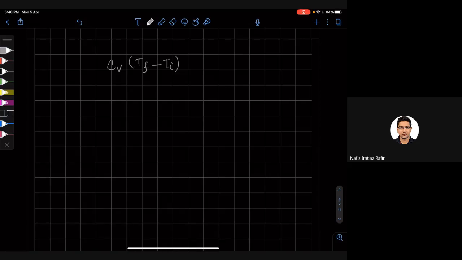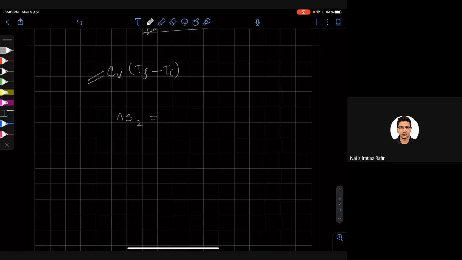And then the change in entropy for the heat reservoir would be the heat that it gives up. So the heat it's giving up would be the negative of that, minus CV times TF minus TI. So this is basically delta Q. And its temperature remains constant. It is the final temperature, right?